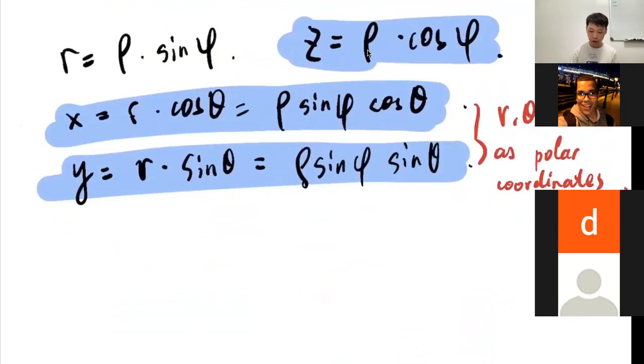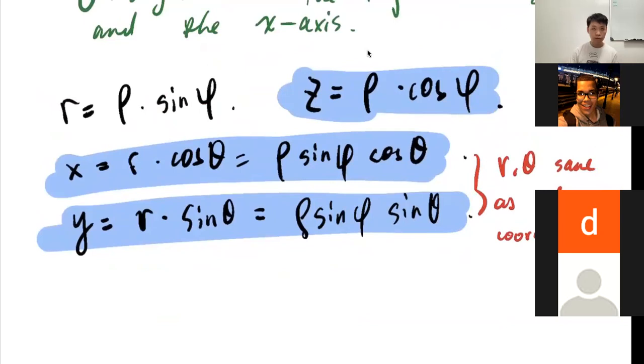However, it would be much easier to use the spherical coordinate system. That's why it gets the name spherical coordinate system.